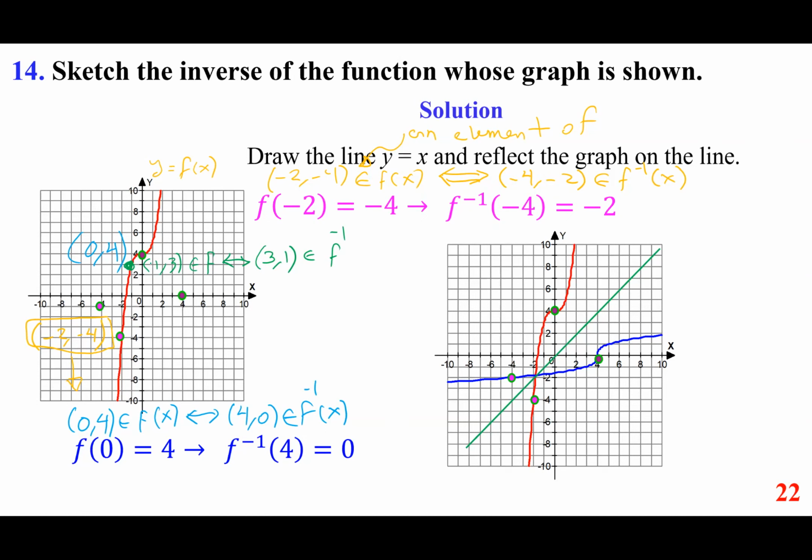My apologies, class. This is -1. One more time, let me just make sure. So this one is located at negative 1, 3. So 3 comma negative 1 must belong to f inverse. We make it this point.